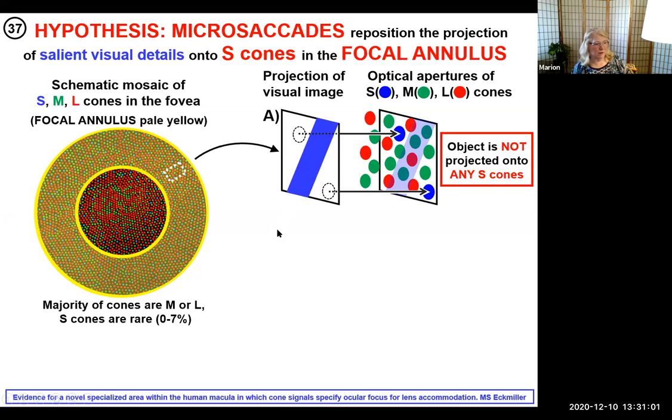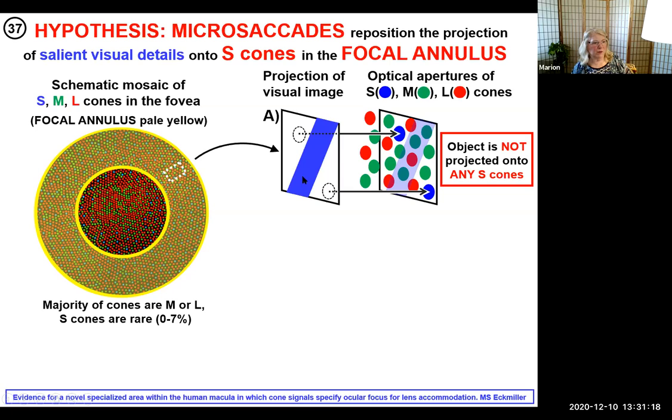So let's imagine we are here taking a little view right here and looking at what's going on at that location within the focal annulus. We project a visual image.